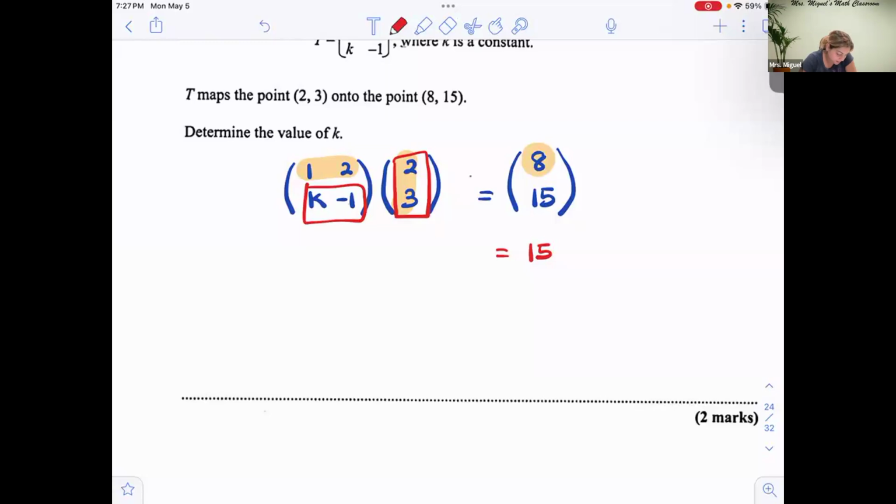So you'll get 2K minus 3 is equal to 15. 2K is equal to 15 plus 3. 2K is equal to 18. K is equal to 9.